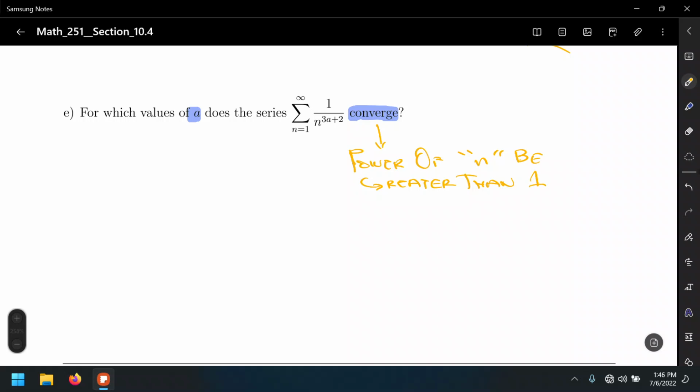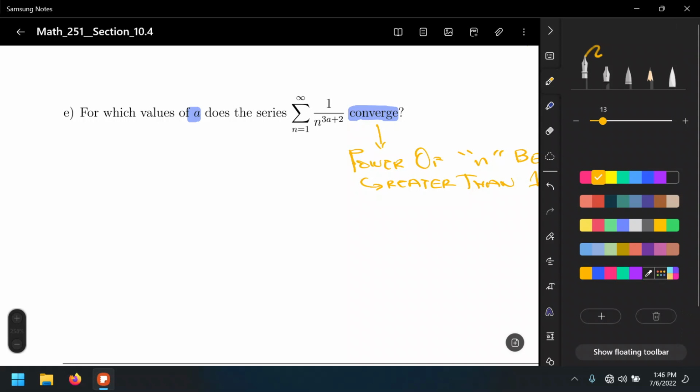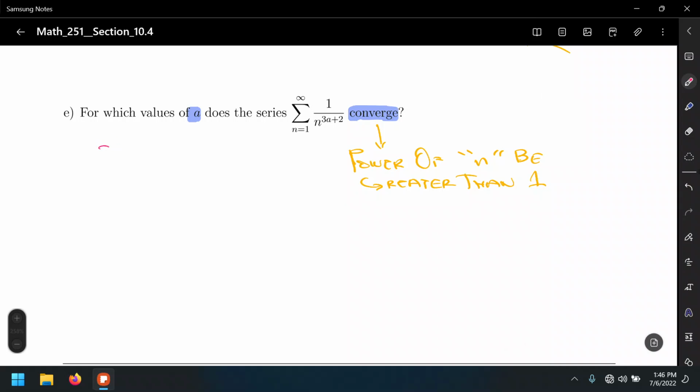Greater than 1, less than 1, that means inequality. So we set an inequality: 3a plus 2 greater than 1.